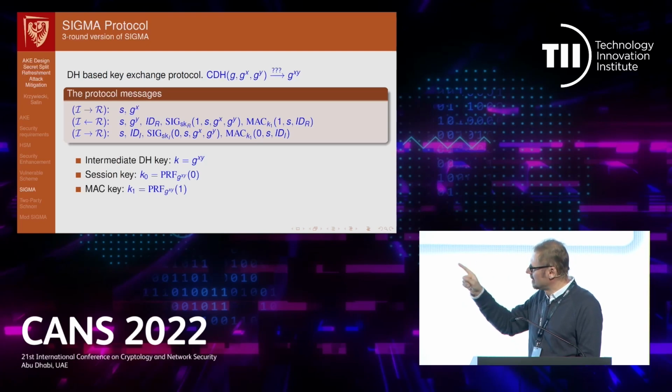So the signature here is like confirming that I produced that message which is signed, and that message is G2X, G2Y, this is an important component. And MAC then confirms my identity, okay? MAC with the key G2XY confirms the identity for that public key corresponding to my secret key that I use in my signature.